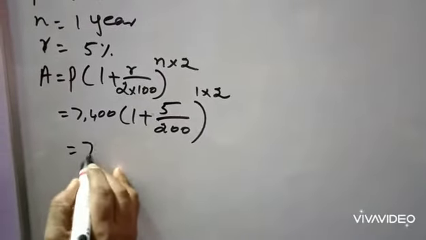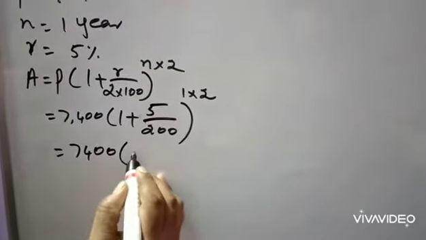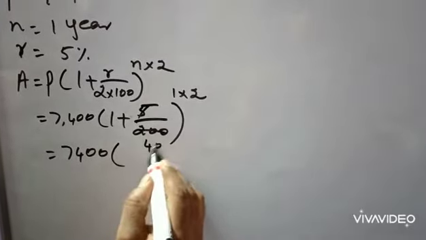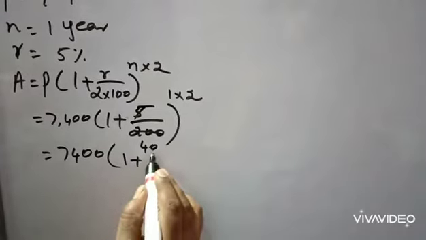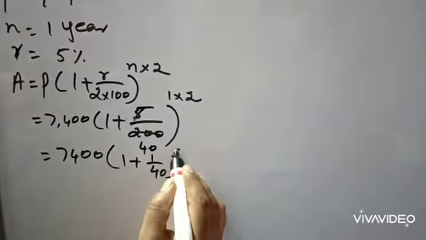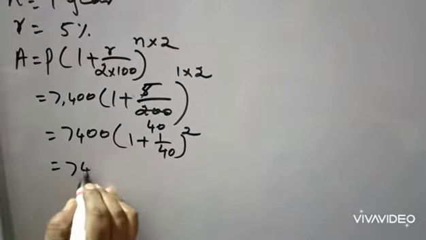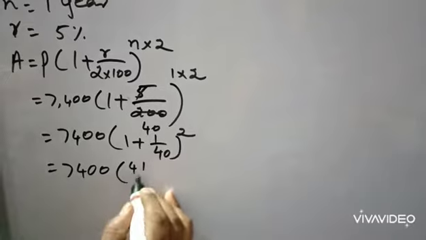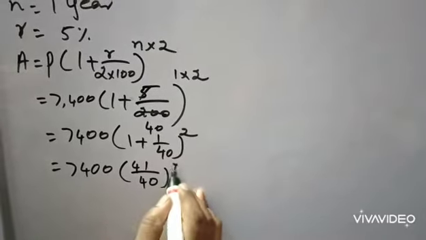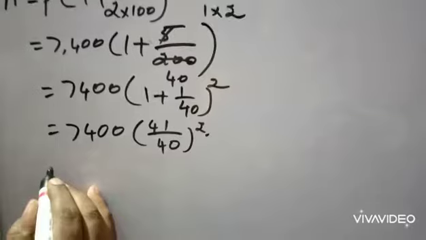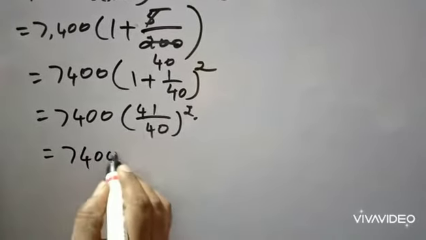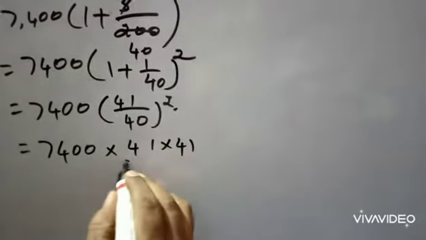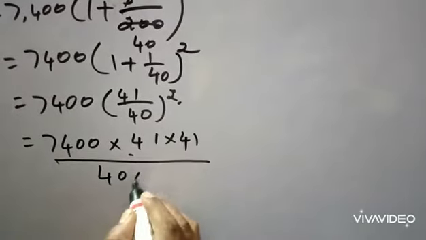So 7,400 into, we can divide this, it's 40. So 1 plus 1 by 40, power 2, equals 7,400 into, we can take LCM 40, so 40 plus 1, 41 by 40, power 2, equals 7,400 into 41 into 41 divided by 40 into 40.